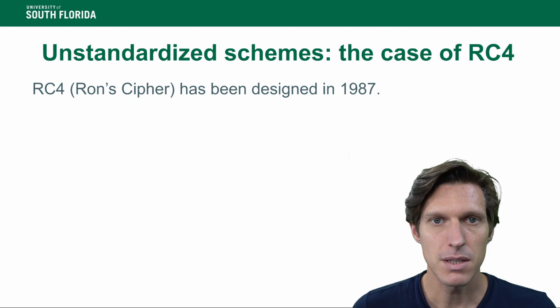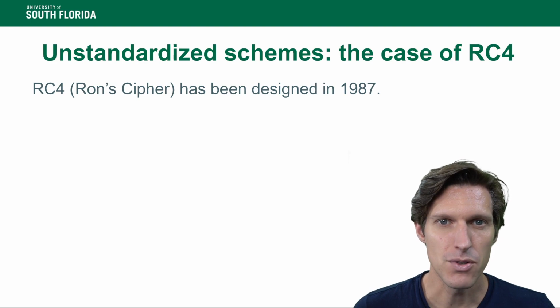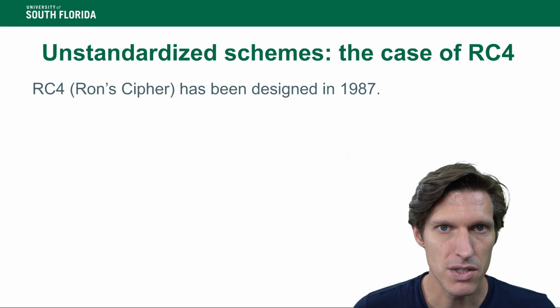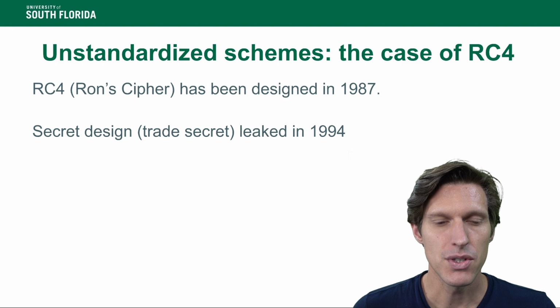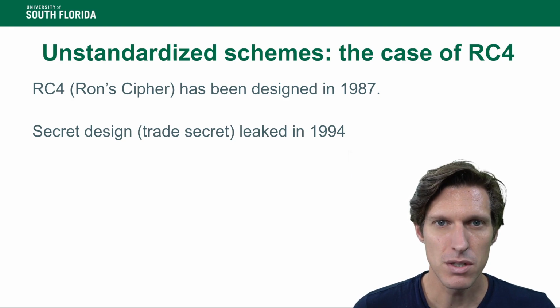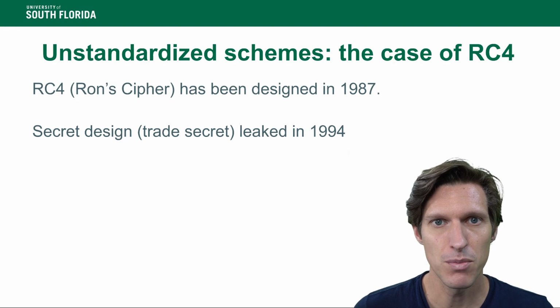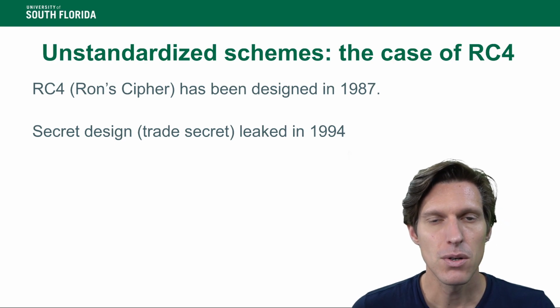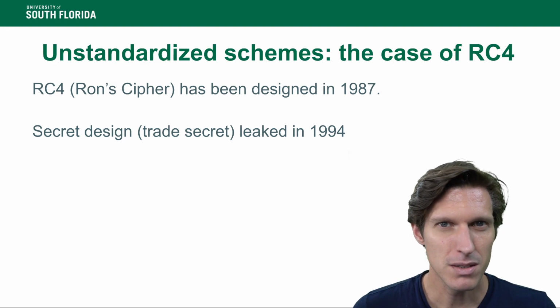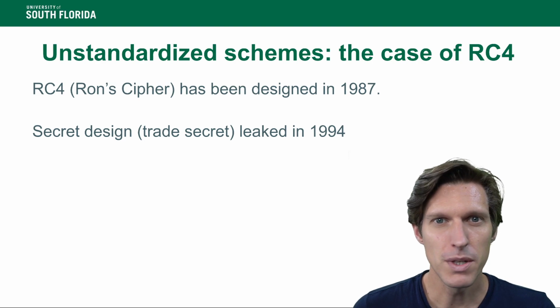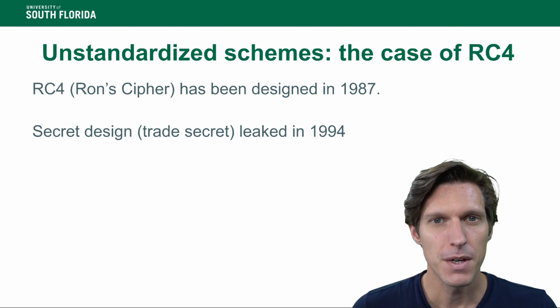This is kind of the counterexample of why you should be using standards, because it was not only not standardized, but the design was also secret, which violates Kerckhoffs's principle of open design that we mentioned in our second module of this series of lectures. So it's really not what you want to be doing in modern cryptography.